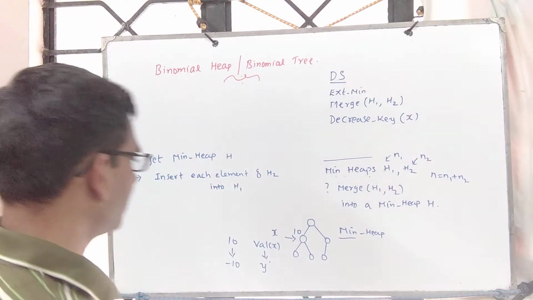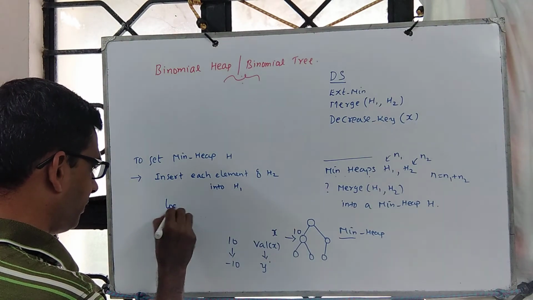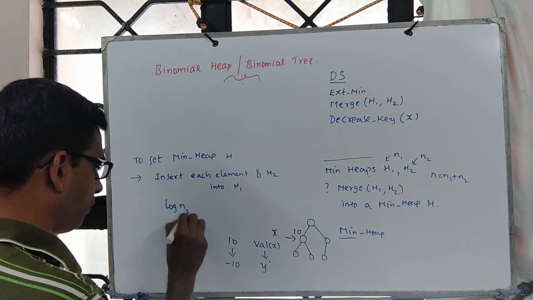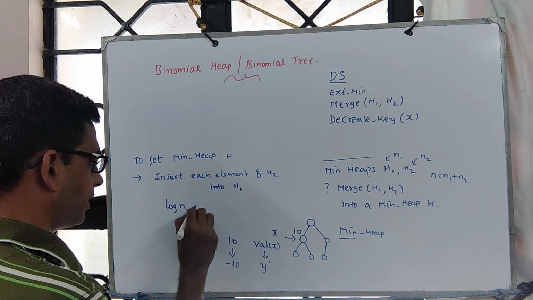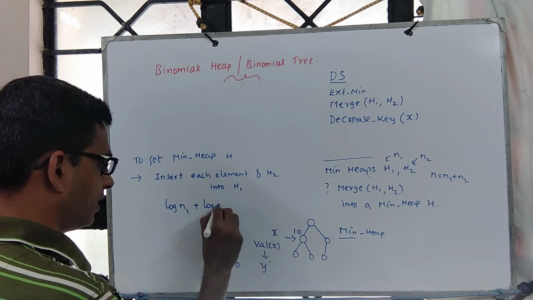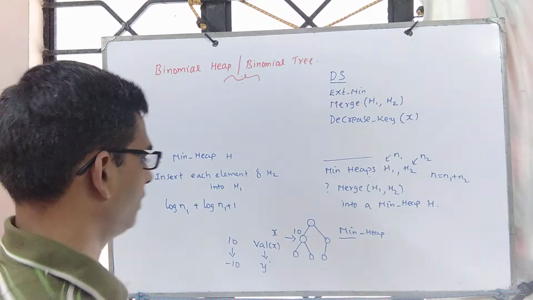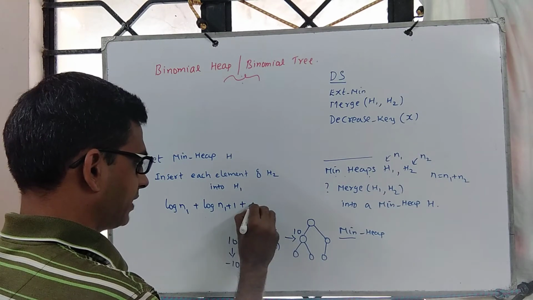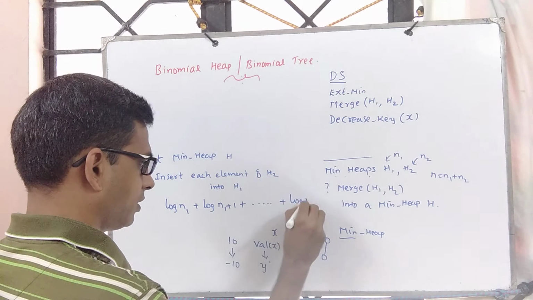So for the first element of H2, it may be log n1. Then after that, the number of elements will be n1 plus 1, then log of that will be log n1 plus 1. So next we insert the next element, like that it goes. Slowly you see that we reach log n.